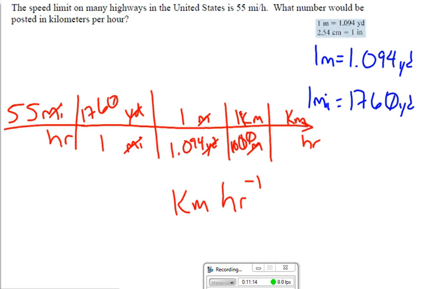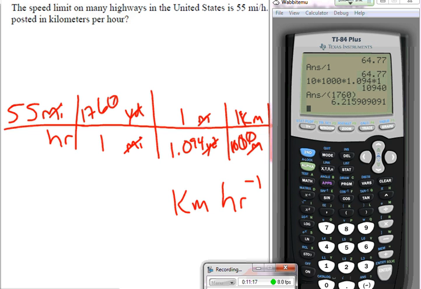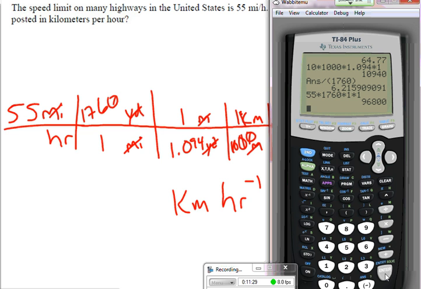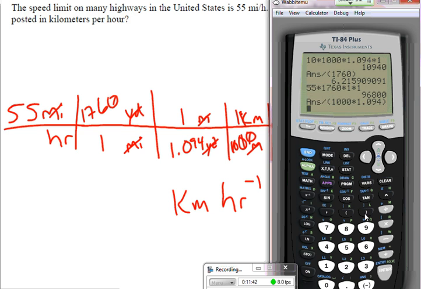So let's pull up the calculator. 55 times 1,760 times 1 gives us that, divided by 1,000 times 1.094.